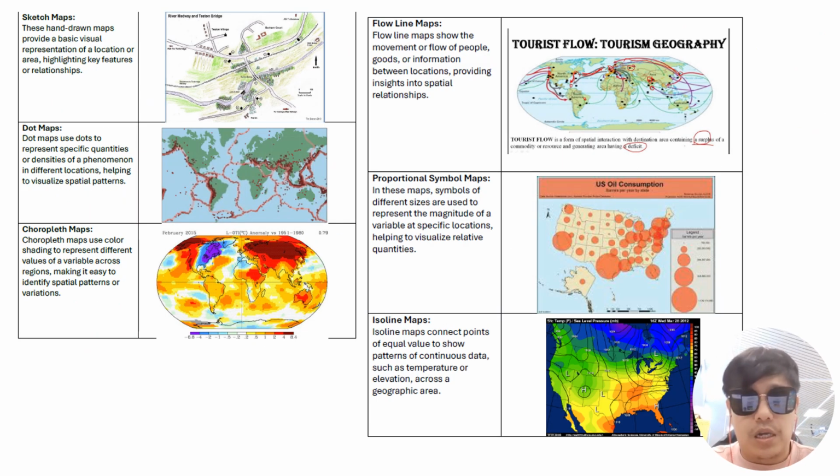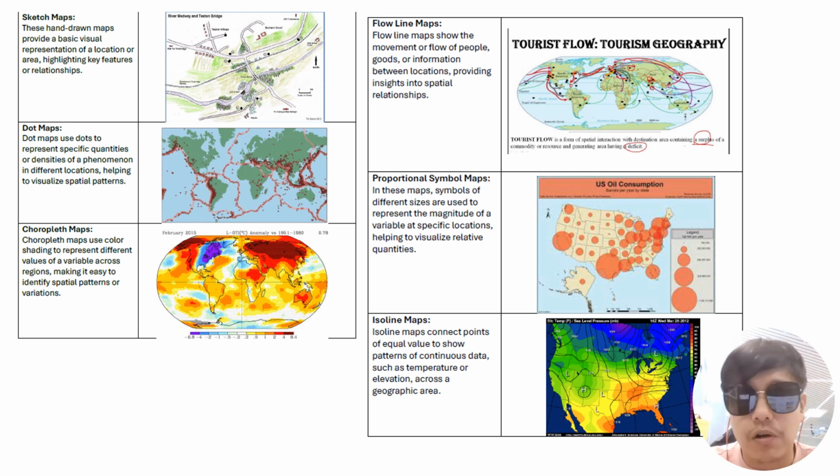Next, we're going to look at the different types of maps: sketch maps, dot maps, choropleth, flow line, proportional symbol maps, isoline maps. It could be just Google Map as well. But these are the 6 different types of map that may be given to you. Sketch maps are a basic visual representation of a location.